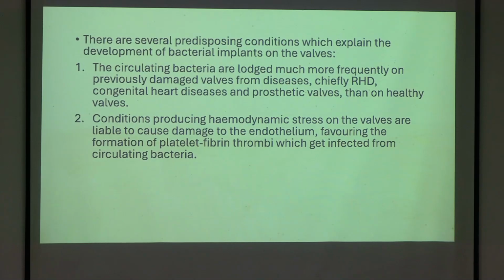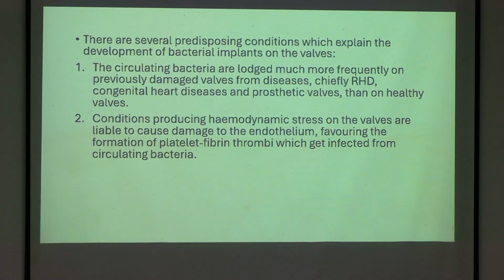Second one is that conditions producing hemodynamic stress on the valves are liable to cause damage to the endothelium, favoring formation of platelet fibrin thrombi which get infected from the circulating bacteria, okay.